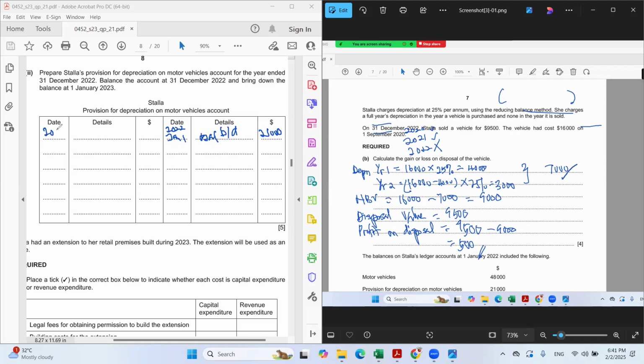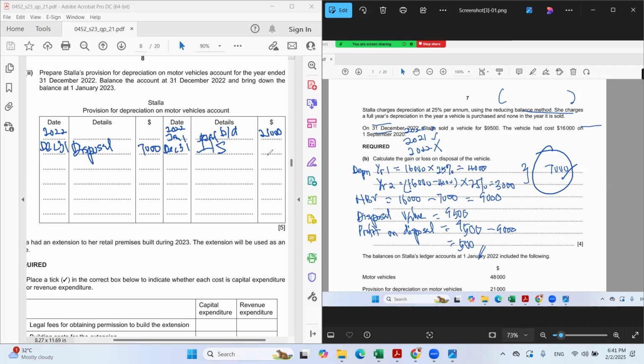So 2022, December 31st, disposal, the amount is 7,000. And then for the current year, we need to calculate the income statement amount, the depreciation for the current year.